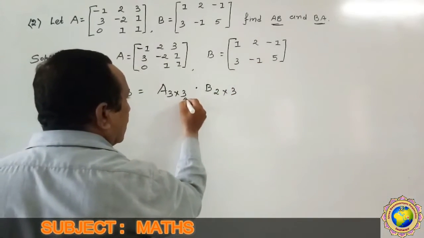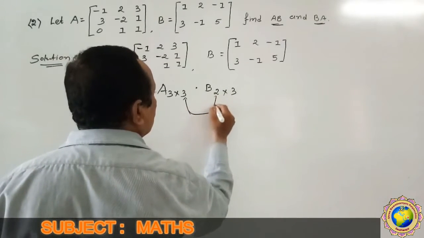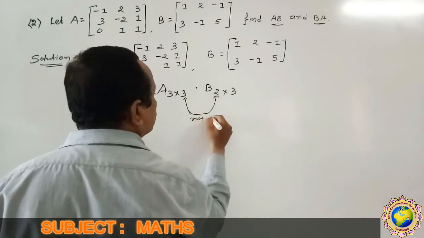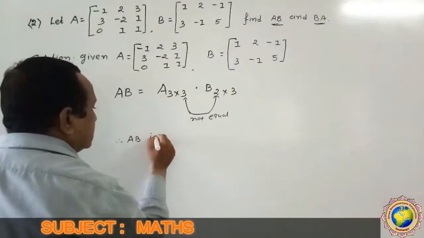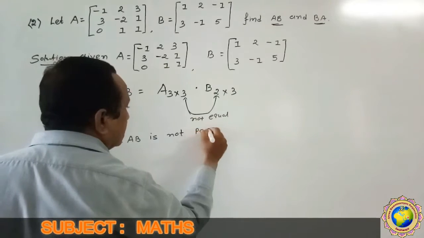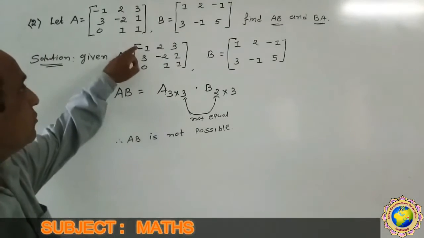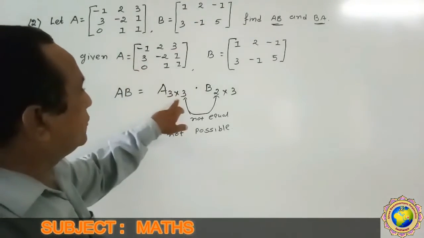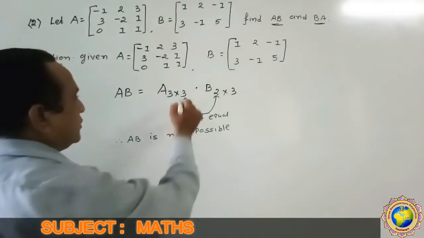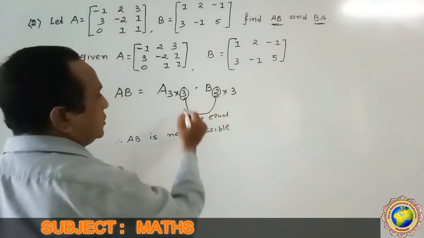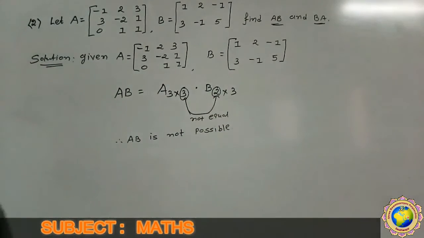Now here the columns of A do not equal the rows of B. So AB is not possible. Clear? Here A is 3 by 3, B is 2 by 3. So if the columns of A and the rows of B are equal, then AB is possible, but here they are not equal, so it is not possible. Then the first answer is clear.